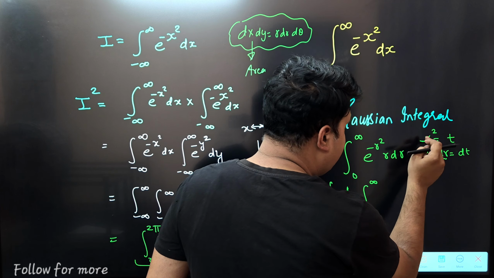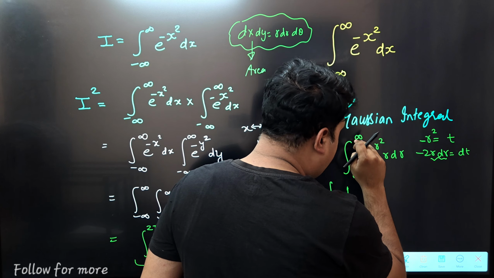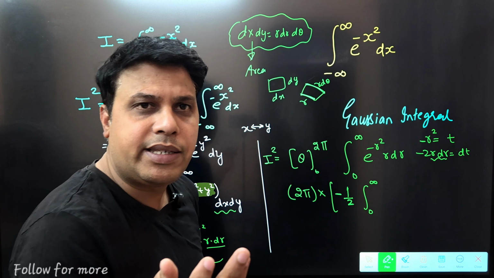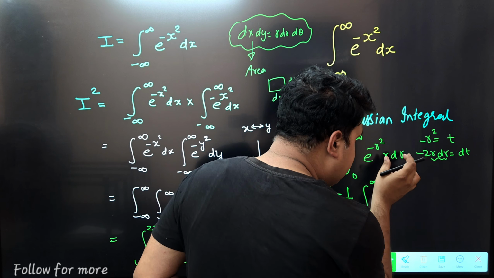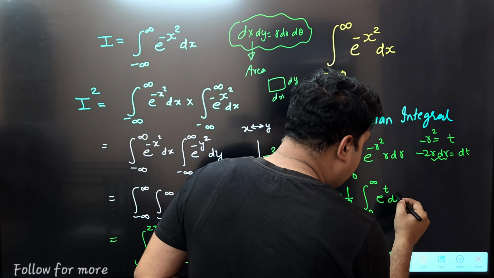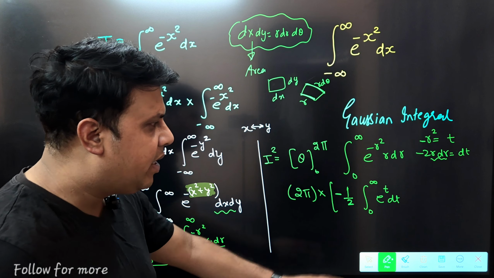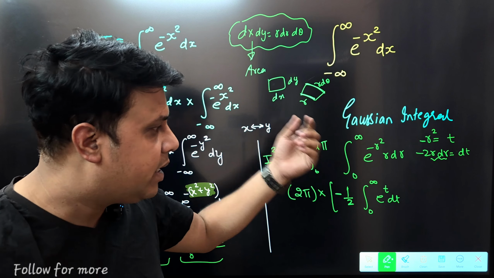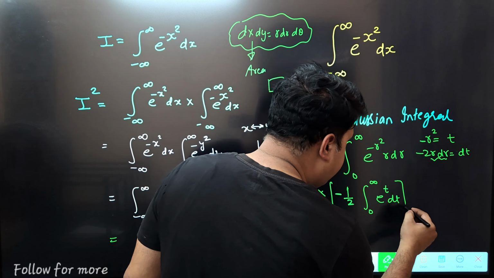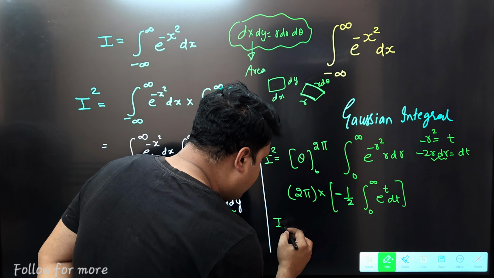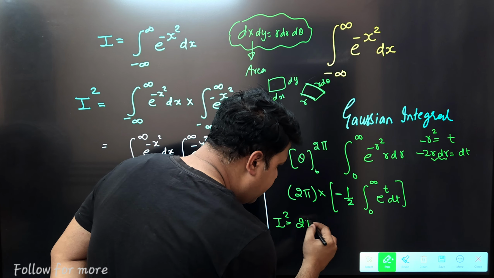If you put r 0, then t will be 0. If you put r infinity, t will be infinity. Limits remain unchanged. So this is going to be e power t, and r dr is dt. Everyone knows that this is going to be the same integration, right? I square is nothing but 2π.